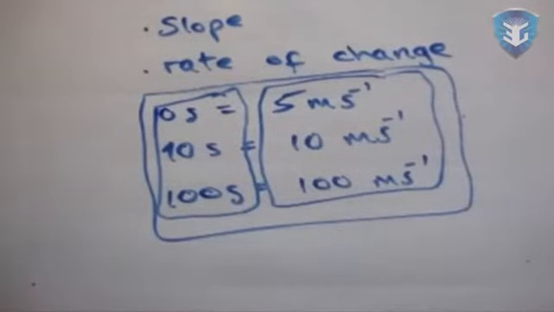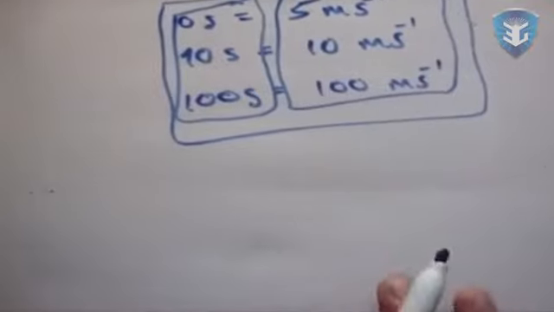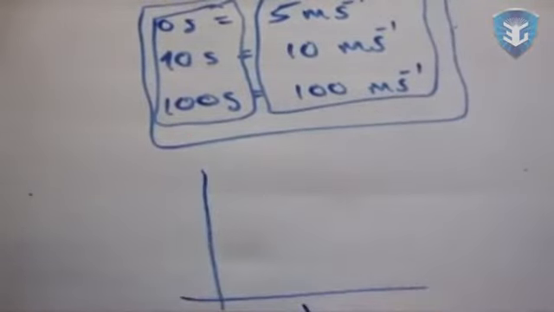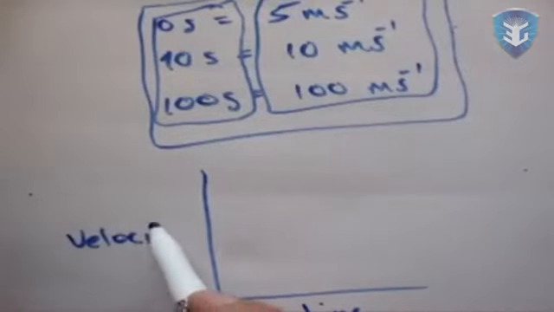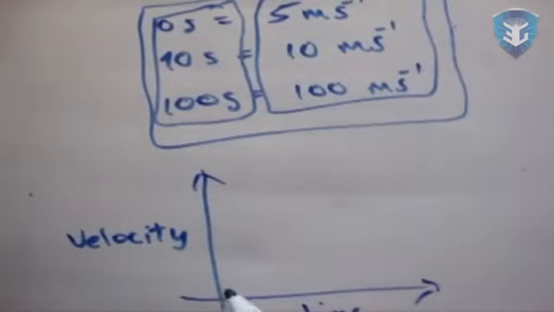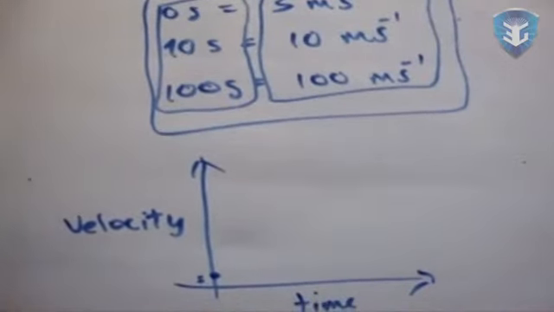And if you graphed this one here, let's go ahead and see if we can graph that. Okay, I'm going to say this axis here is time, this one is velocity. Alright, so at time 0 we're at 5. So we're here.